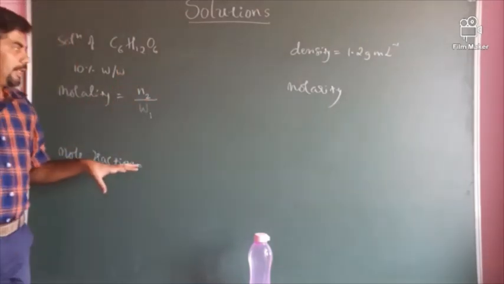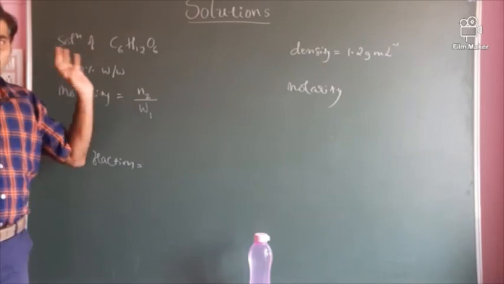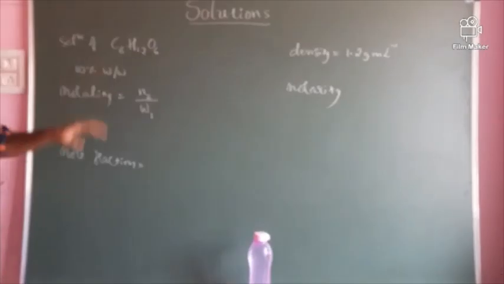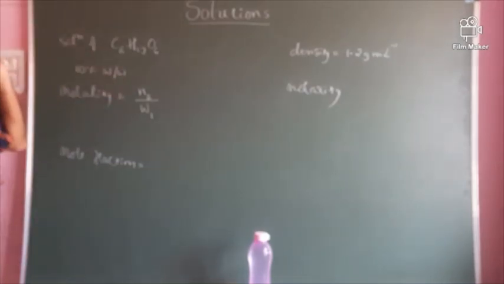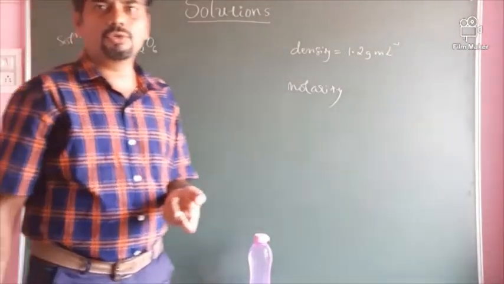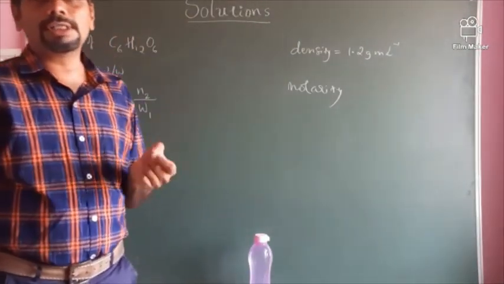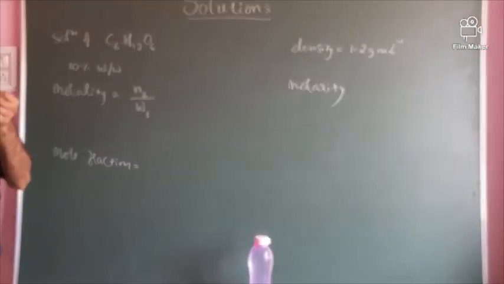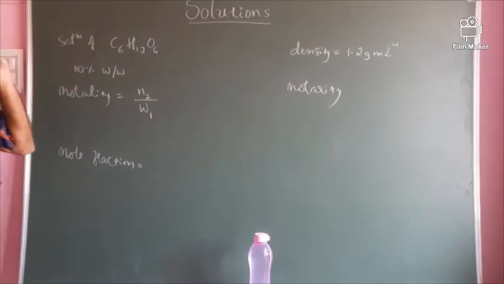Now the question arises: neither the number of moles nor the mass is given. Here they have given just the percentage mass by mass. What to do? How to get the data? Whenever you face a problem, the most important thing is to extract the data. We call it reading between the lines.